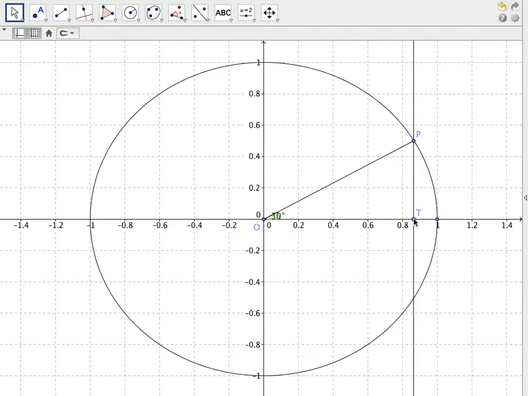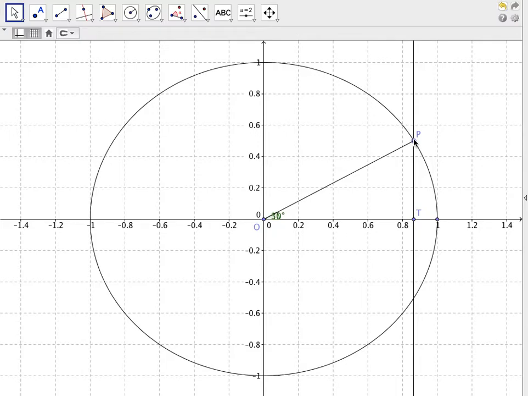Show or explain how you get your answer. Then you're going to find the coordinates for P. And then figure out how the x coordinate for P relates to sine or cosine, and how the y coordinate for P relates to sine or cosine. Hit play when you're ready to continue.